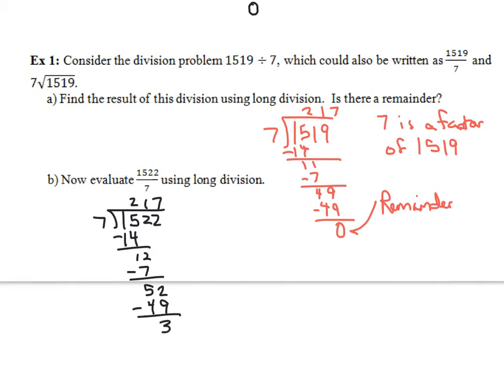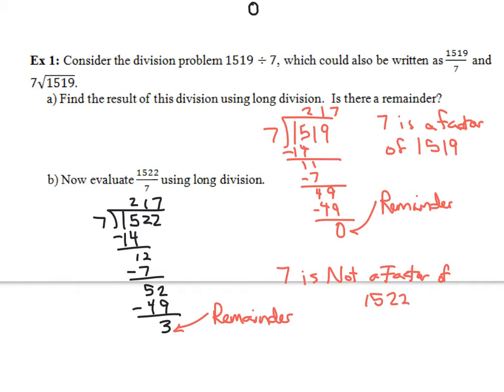So what that shows me is that I do have a remainder this time that's not 0. So if there's a remainder that's non-zero, that tells me that 7 is not a factor of my original number, 1522.